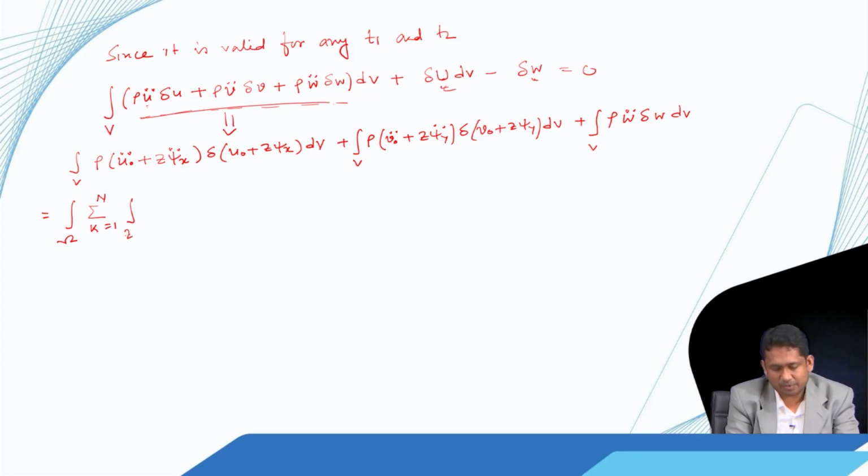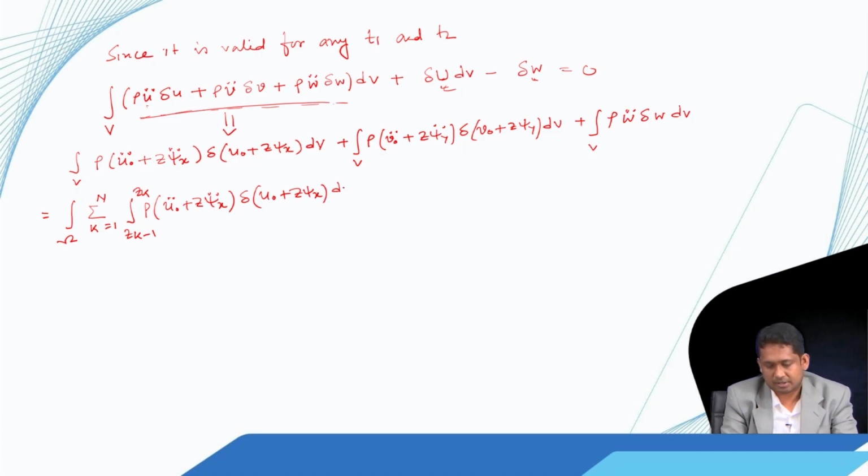Along each ply we integrate from zk minus 1 to zk, and then we have rho times u0 double dot plus z into psi x double dot, multiplied by the variation of u0 plus z into psi x, dz d omega.